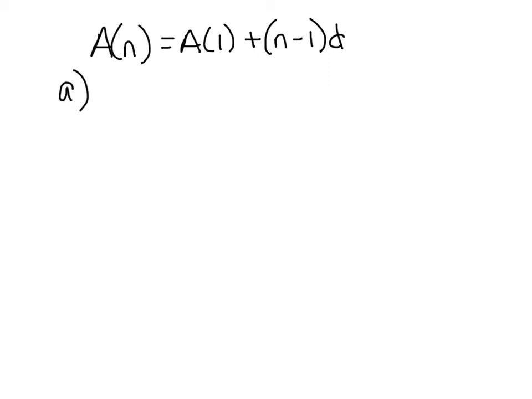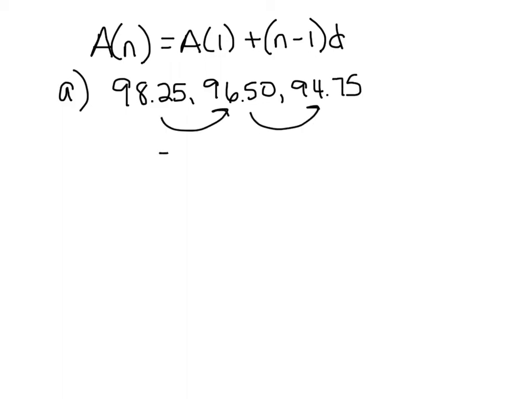Therefore, the first term of the sequence, which is one ride, is $98.25. The next term, after 2 rides, is $96.50. And then we have our third ride, which is $94.75. If you look at what's happening here, you're subtracting $1.75 each time.